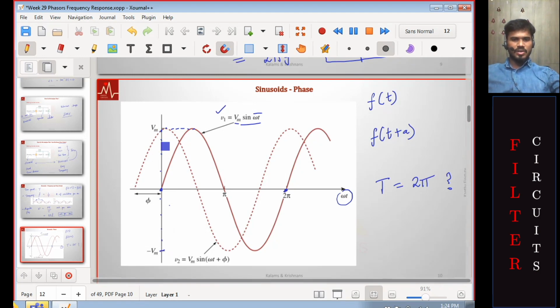That means the curve corresponding to that has a 0 over here. And we know the relation between these two is, take the first function and delay or advance it by shifting it with a plus phi. This phi is known as a phase.